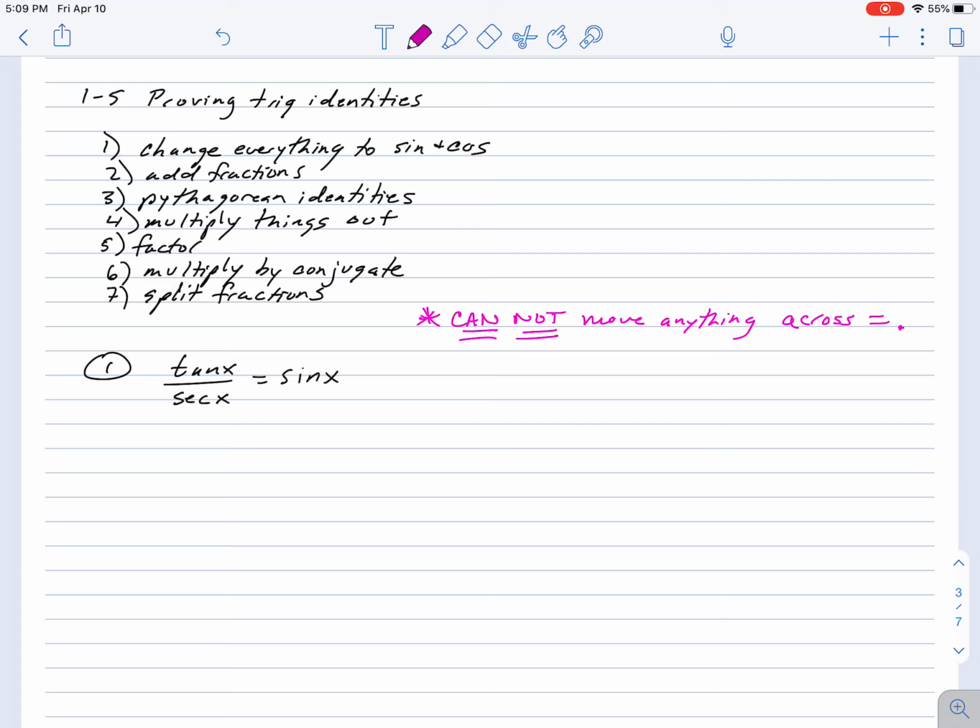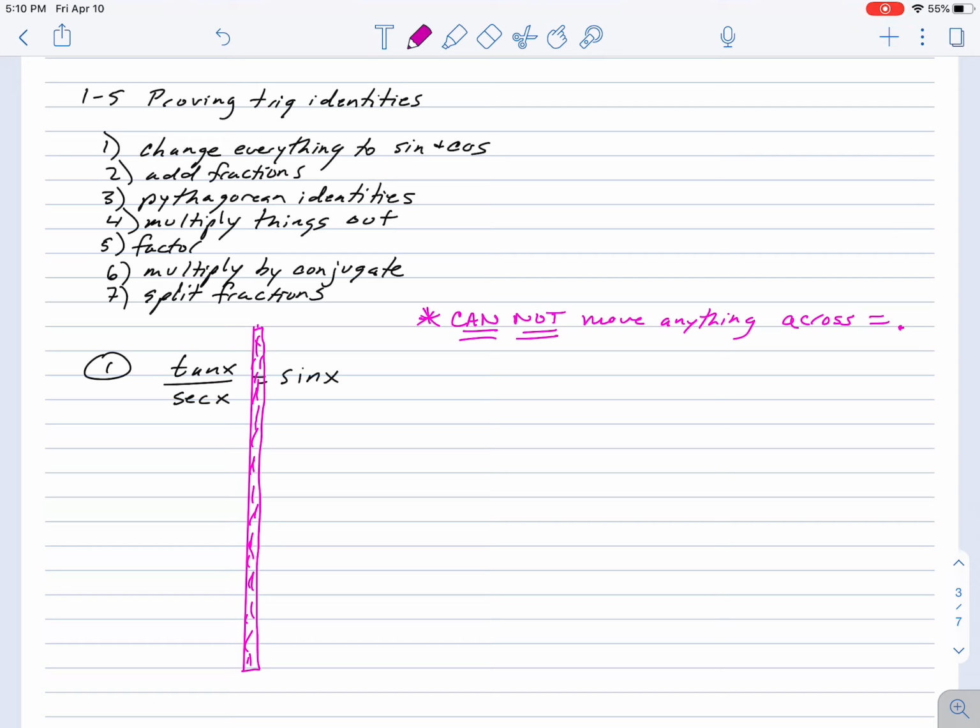You kind of have to treat it like two separate problems. I like to envision a big, long brick wall right here. Okay. Nothing goes across this wall right here. So you get to pick a side and you get to work on that side.